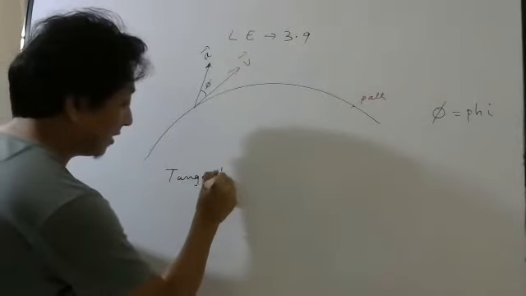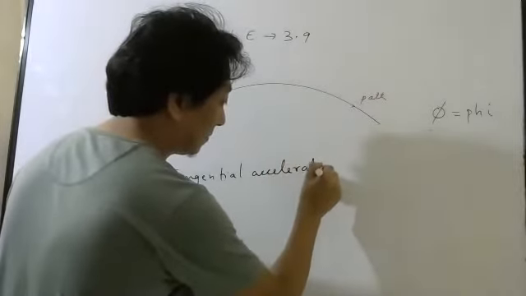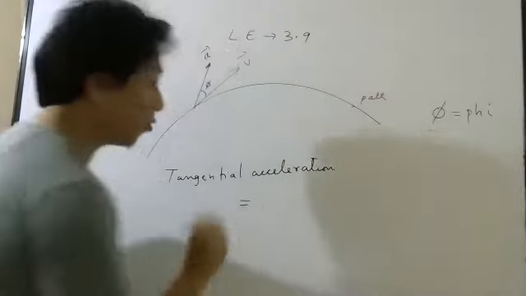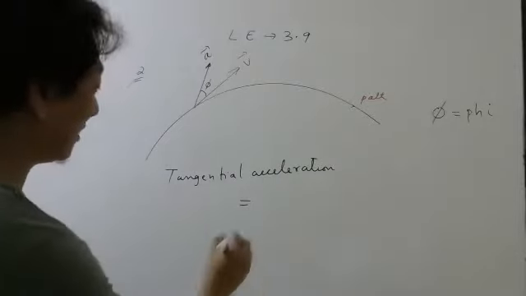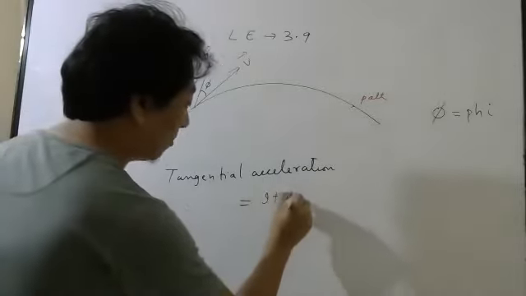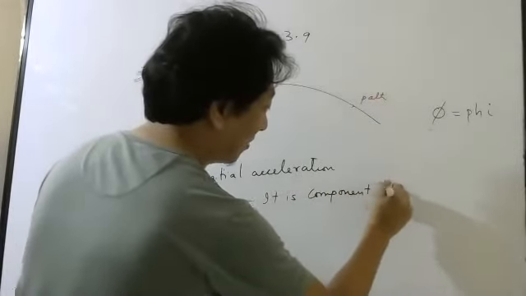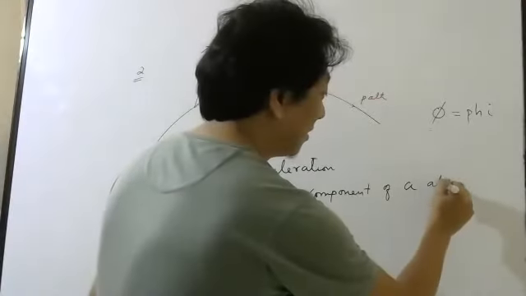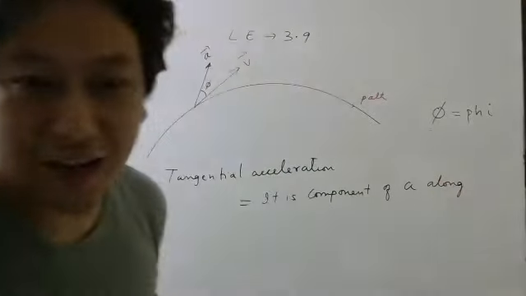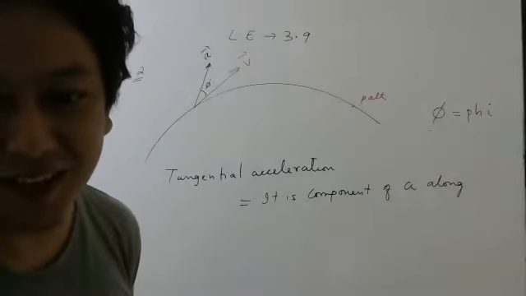tangential acceleration. Now what is tangential acceleration? As the name says, it is the component of acceleration along the what? Can you guess? From the name you should get the hint.